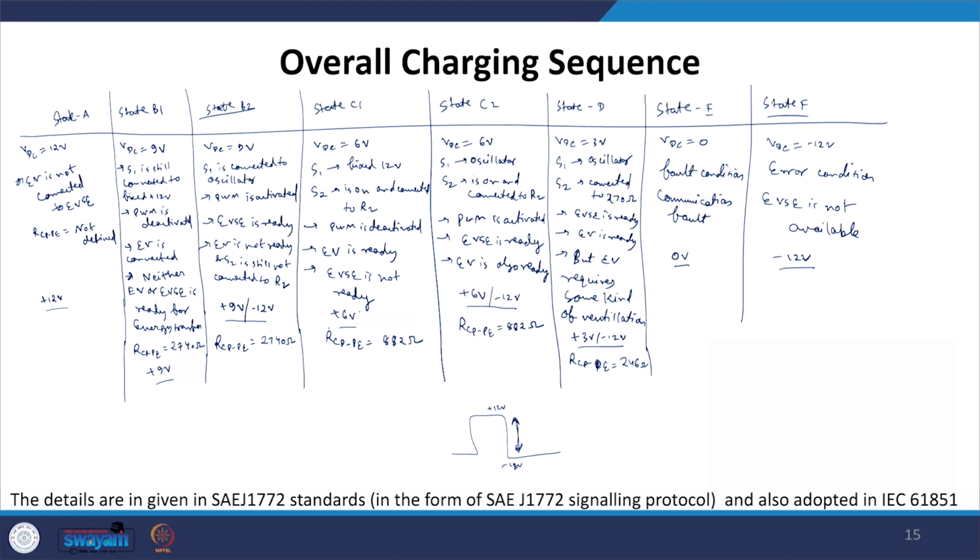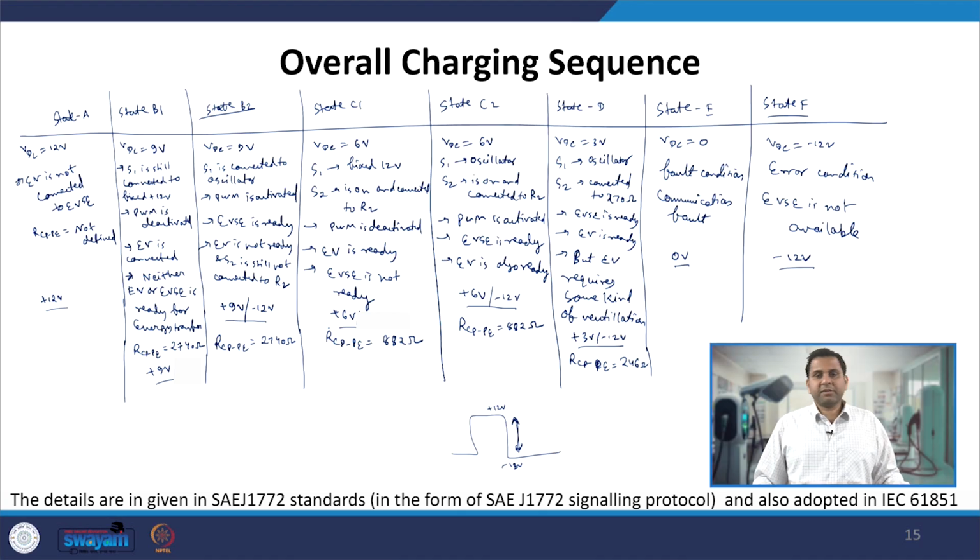So this indicates just whether they are ready to do the power transfer or not. But how much current can the EVSC provide? See, in the communication between EVSC and EV, the EV, or you can say the BMS of the EV, is the master.